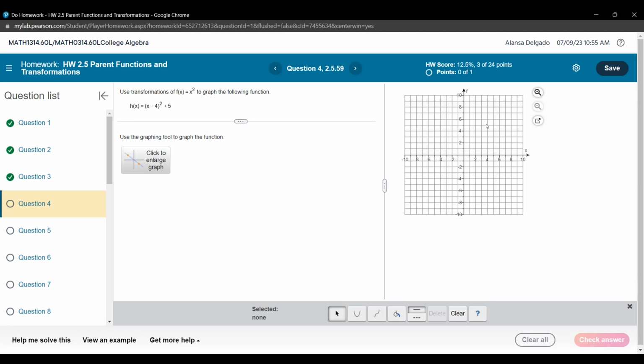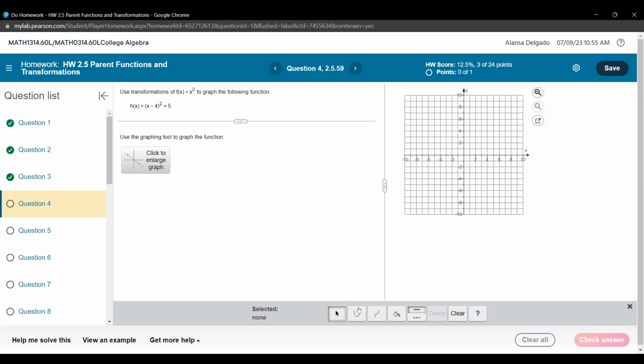And when x minus 4 is 0, you're going to get 0 squared plus 5. So that's why the vertex shifts to the right 4 and then up 5.